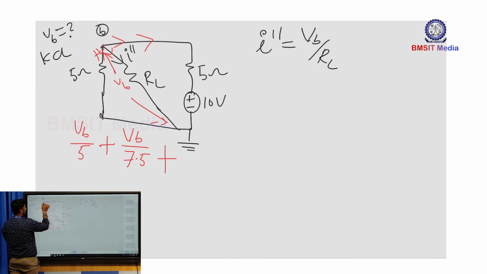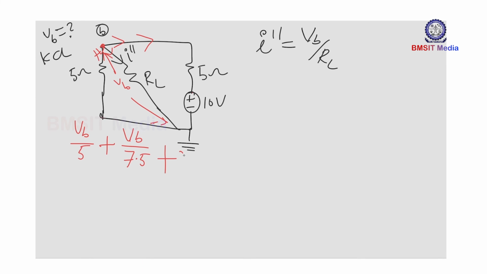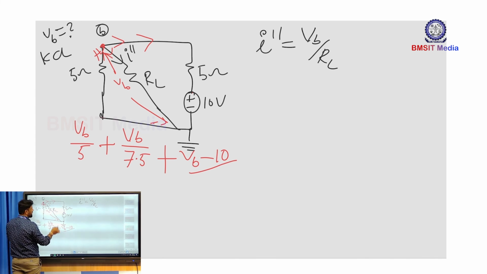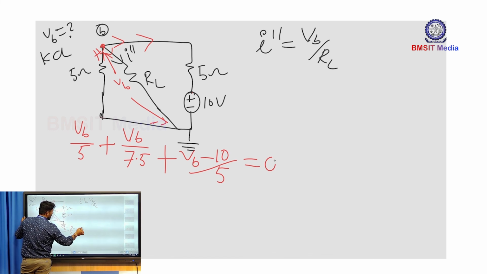The potential at this end is VB, and there is one more voltage source connected here, 10 volt. Minus to plus it is a rise, plus to minus it is a drop. So we write VB, a rise in potential, and a drop in potential minus 10, divided by the resistance along that path, 5 ohm, equal to 0.